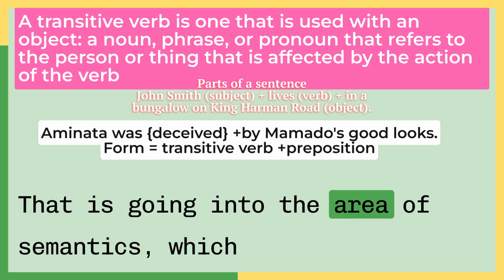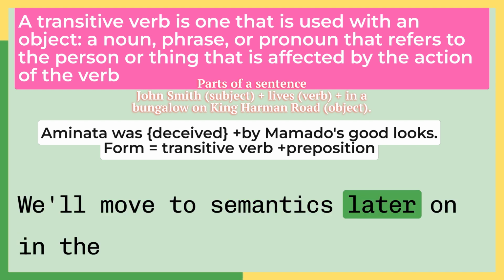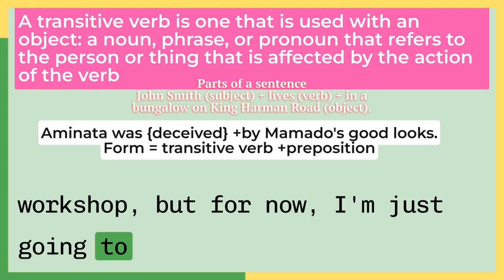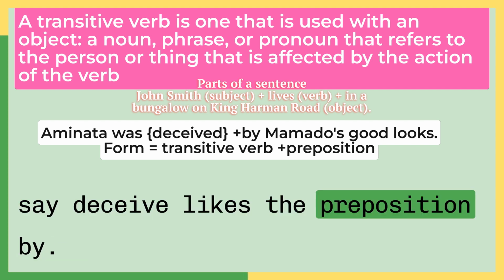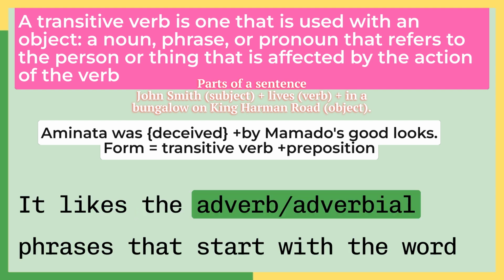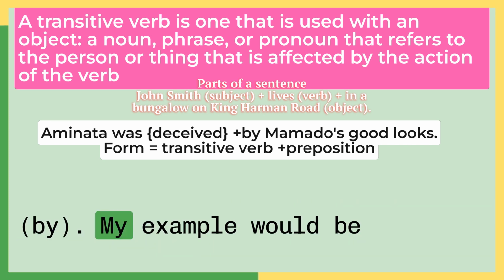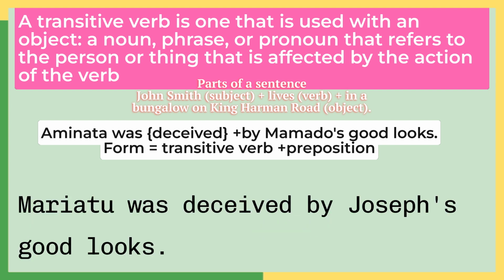That is going into the area of semantics, which I don't want to look at this morning. We'll move to semantics later on in the workshop, but for now I'm just going to say deceive likes the preposition by, or it likes adverbial phrases that start with the word by. My example would be: Mariette was deceived by Joseph's good looks.